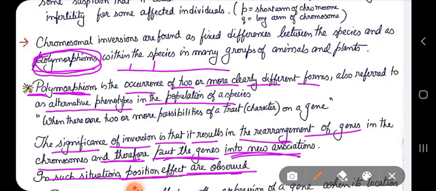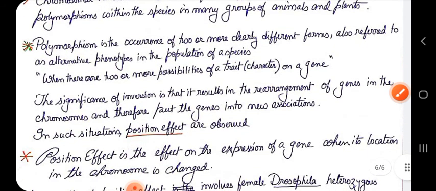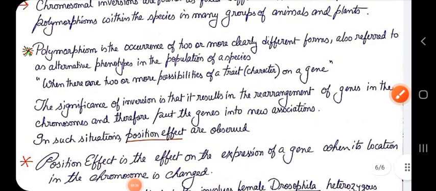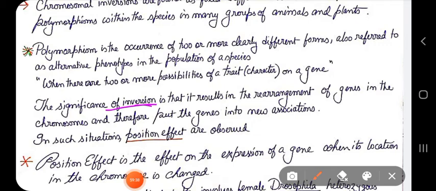This is the main reason DNA fingerprinting helps us detect differences, based on the polymorphism pattern between individuals. Secondly, inversion leads to rearrangement of the genes so that we can put the genes into new associations.